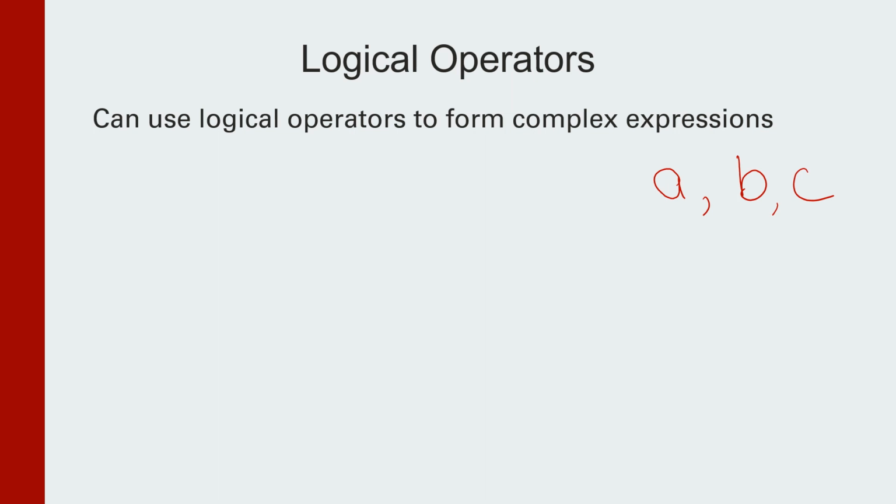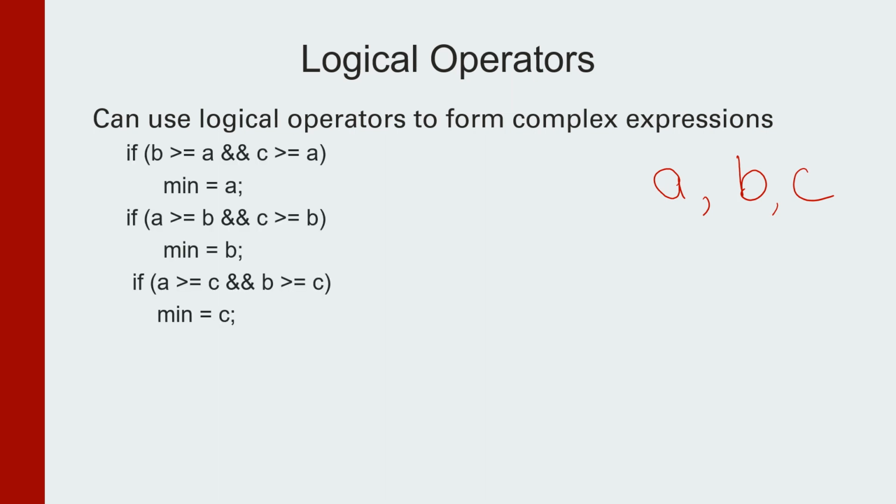So let me show you. If B is greater than or equal to A and C is greater than or equal to A, then the minimum is A. If A is greater than or equal to B and C is greater than or equal to B, then the minimum value is B. And if A is greater than or equal to C and B is greater than or equal to C, then the minimum value will be C.